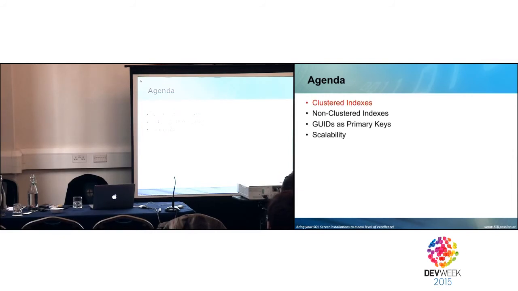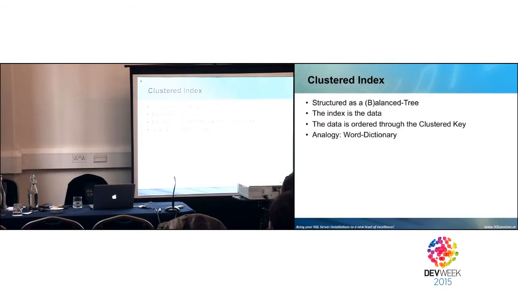Okay, let's start with clustered indexes in SQL Server. Every time when we create a primary key constraint, SQL Server creates under the hood a unique clustered index. A clustered index is a B-tree structure, a balanced tree, and SQL Server physically pre-sorts and organizes our table data on that column where we have created our primary key constraint.